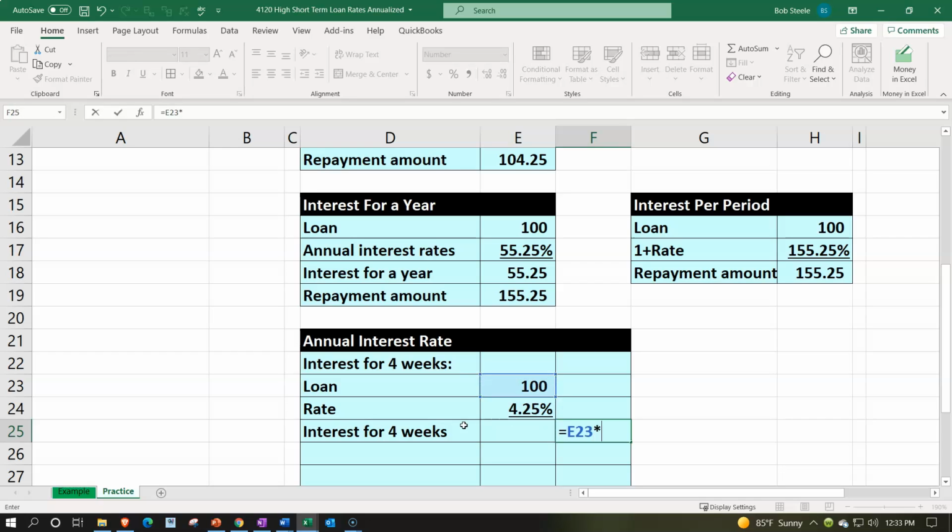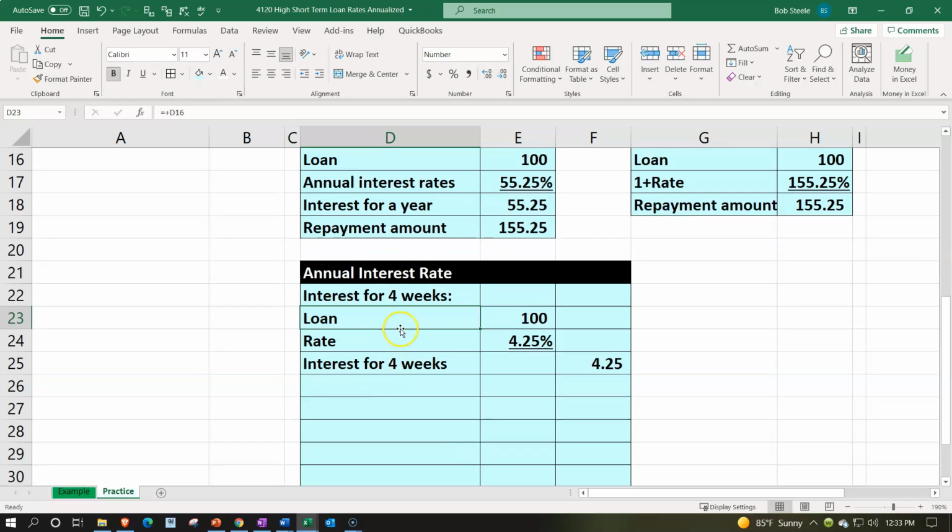This equals the 100 times the 4.25, that would be equal to, if I go up top, numbers, add a couple decimals, the 4.25 of interest. Let's indent this, home tab, alignment, indent, and indent again.